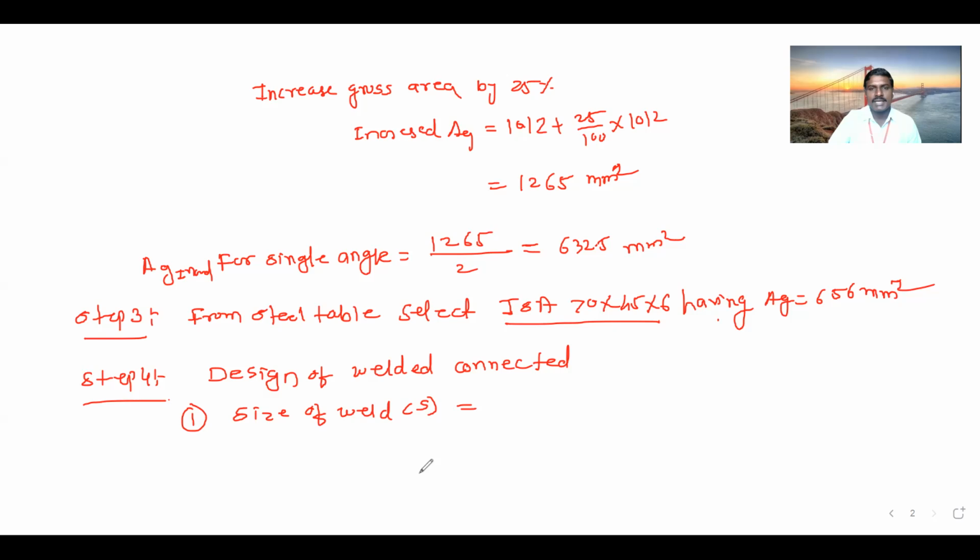If the gusset plate thickness is 0 to 10 mm, which size of weld we have to select from this table?